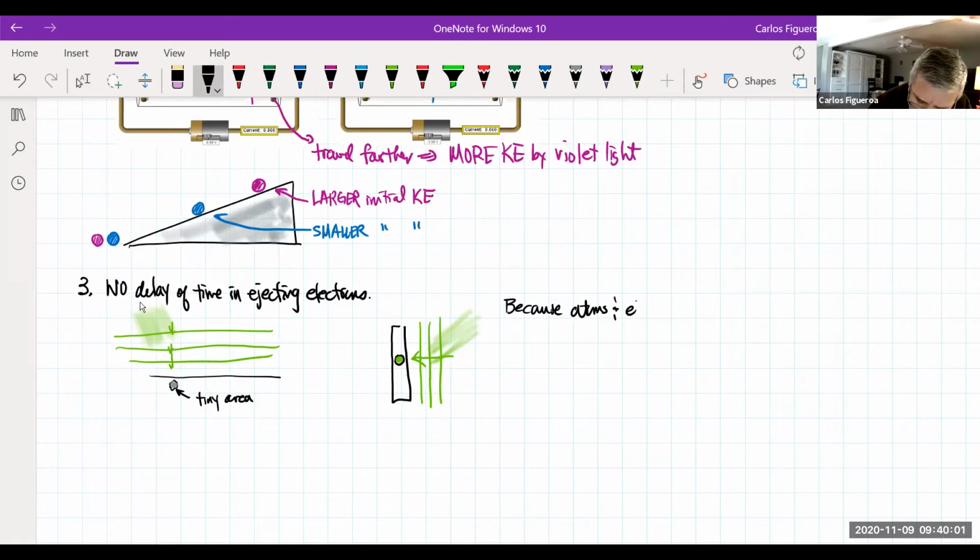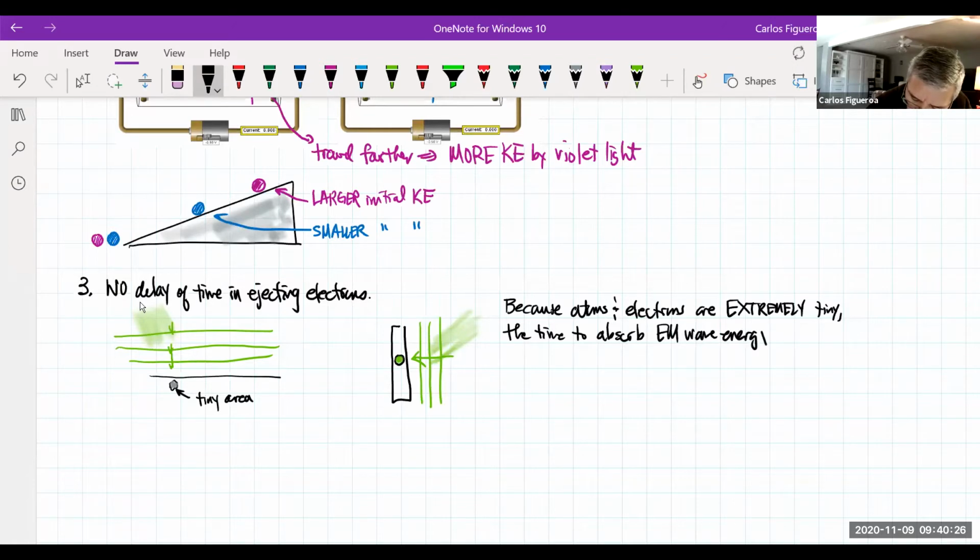So because atoms and electrons are extremely tiny, the time to absorb electromagnetic wave energy takes time.